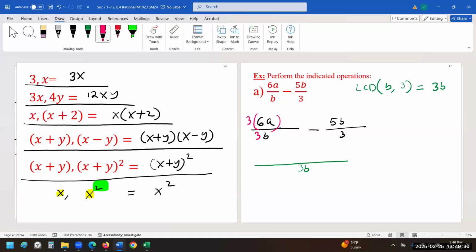How can we turn 3 into 3b? Multiply by b. And you have to multiply top and bottom. Once you have the same denominator, it's just like the first examples we did. Same denominator means keep the denominator once.